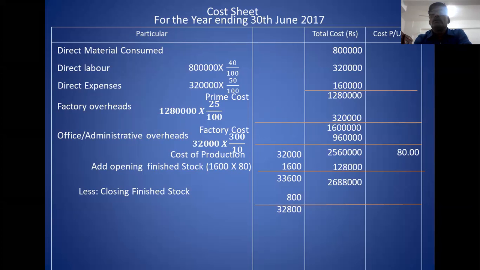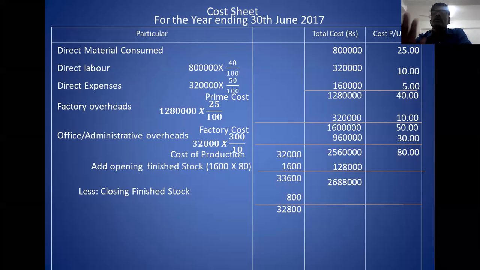25,60,000 divided by 32,000. In the same way you go in reverse order: 9,60,000 divided by 32,000, 16 lakh divided by 32,000, 12,80,000 divided by 32,000, 1,60,000 divided by 32,000, 3,20,000 divided by 32,000, 8 lakh divided by 32,000.